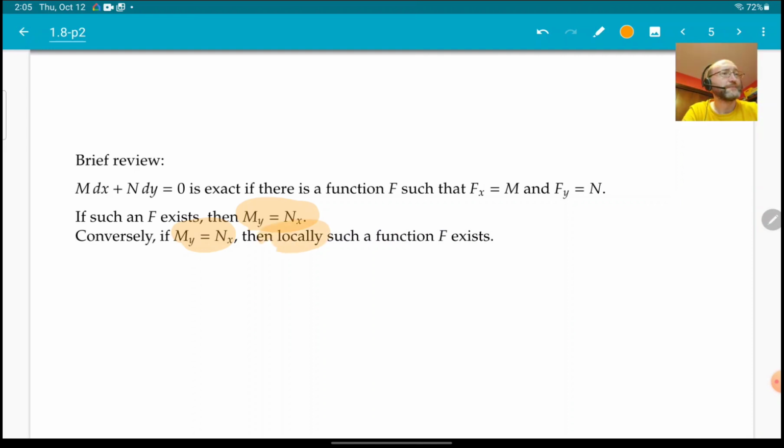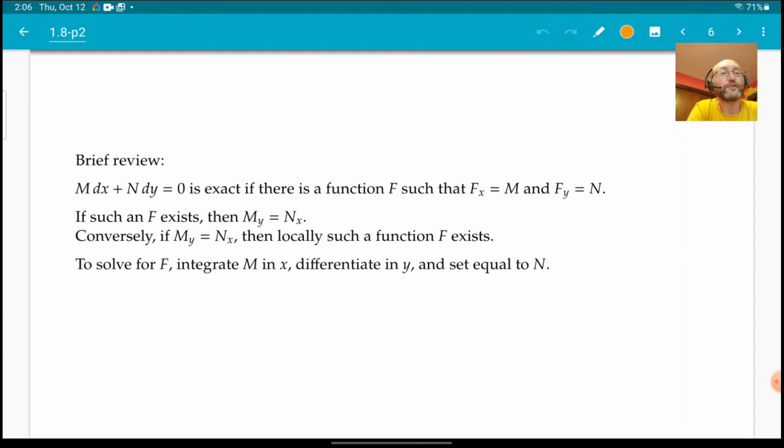So maybe not at all points, but if you're looking near some point or some initial condition, you can get a function there.